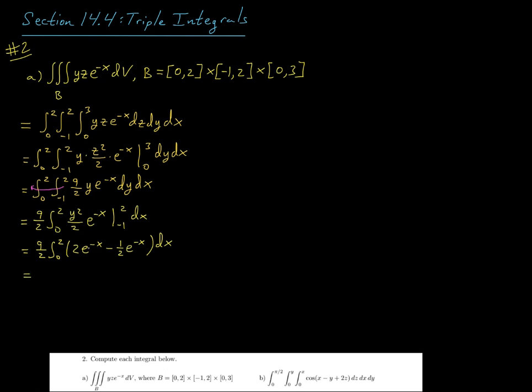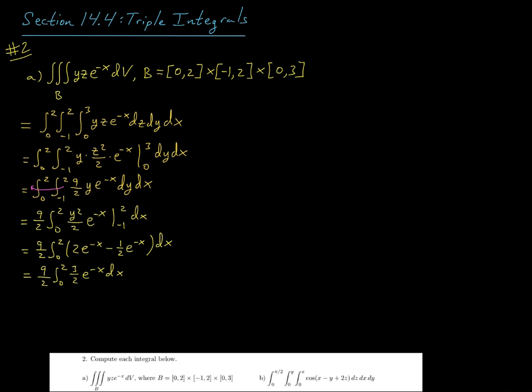Now 2e to the negative x minus a half e to the negative x is 3 halves. Sorry about that. It's still the 9 halves out front, right? I'm saying 3 halves e to the negative x inside.